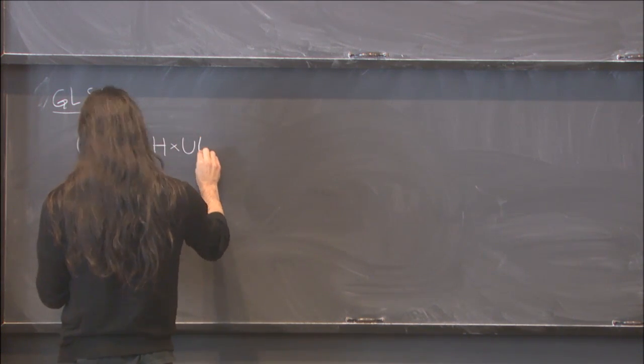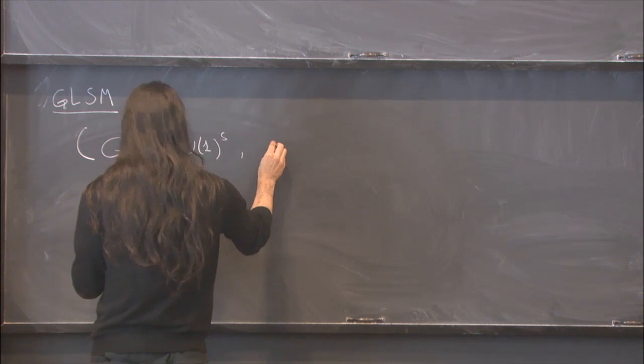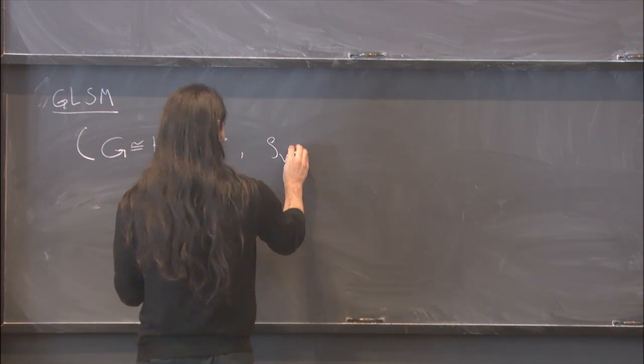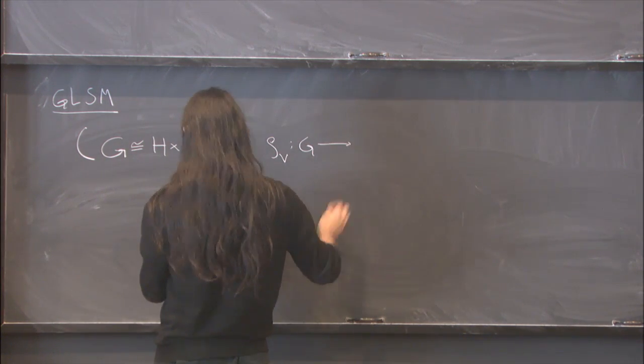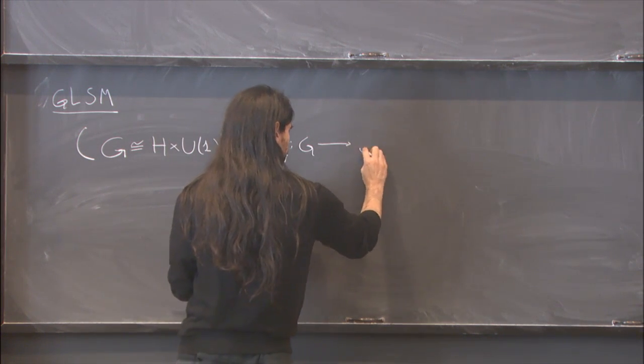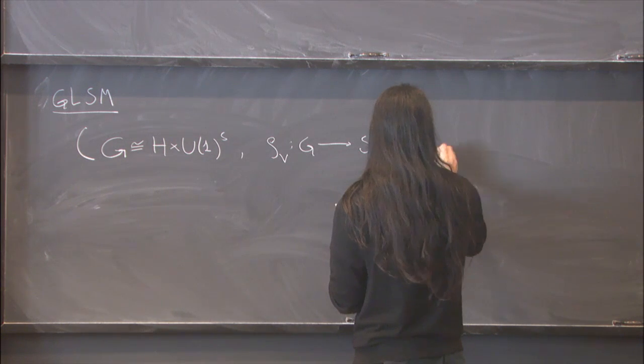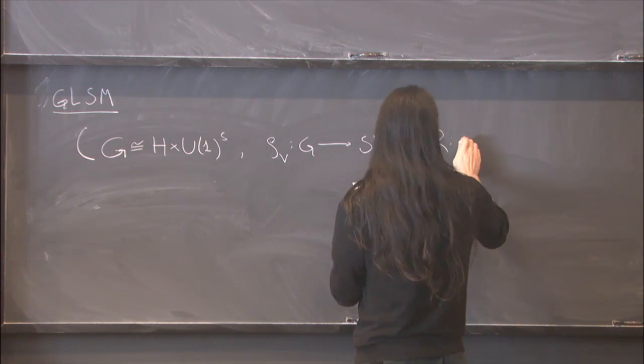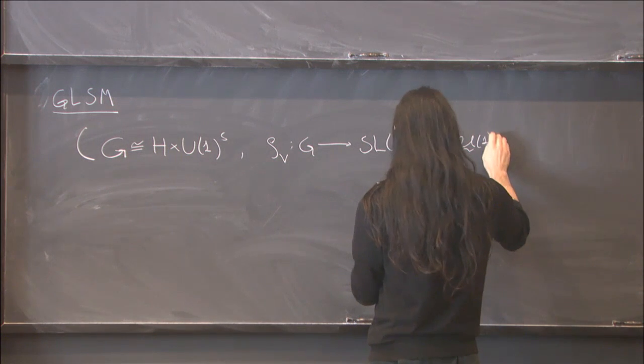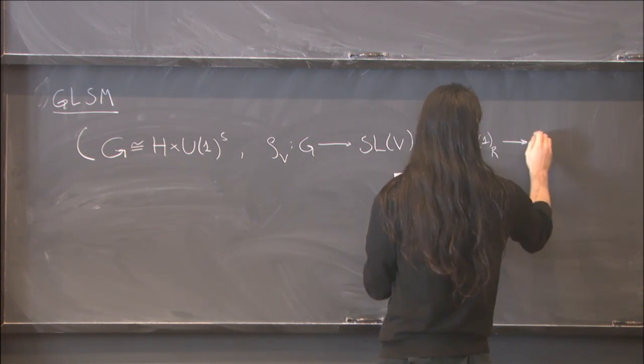So first is the gauge group, then I will state some properties of this object in a while. Then is some representation. I need another representation of an extra U1, the R charge.